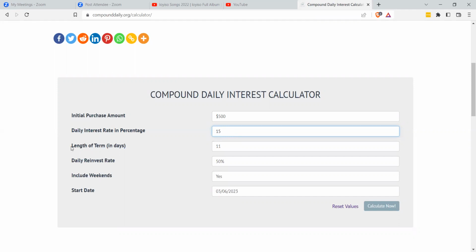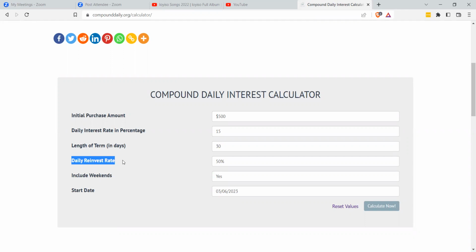All right. Now, length of terms in days, let's change this to number of trades. Let's say I'm trading for 2 or 3 months, and I took, let's say, 30 trades. Daily reinvest rate has to be your win rate.